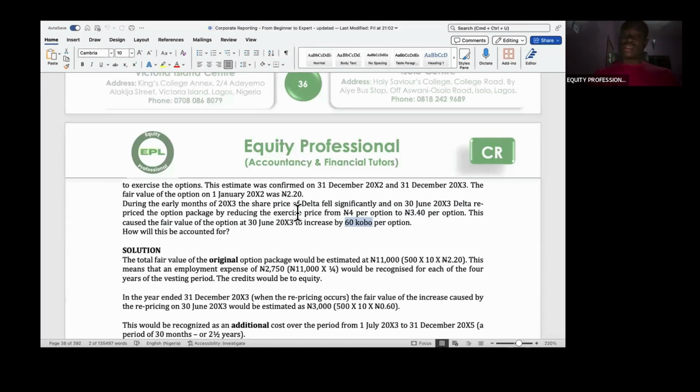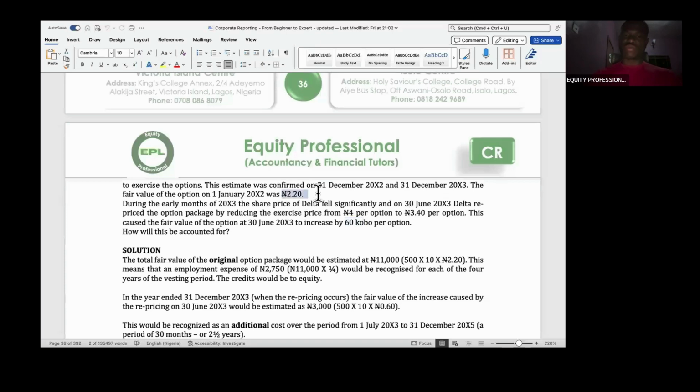And I told you that the proportion with which the exercise price is reduced will be the same proportion with which the value of the option will increase, which is this. So the only impact on our workings from June 2003 is the fact that this fair value of the option has increased.